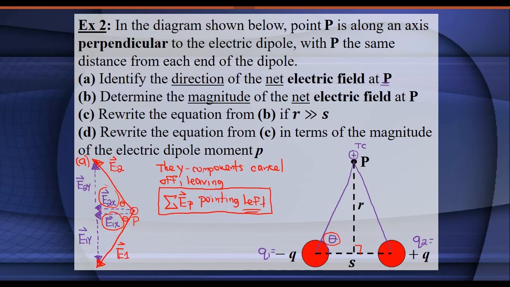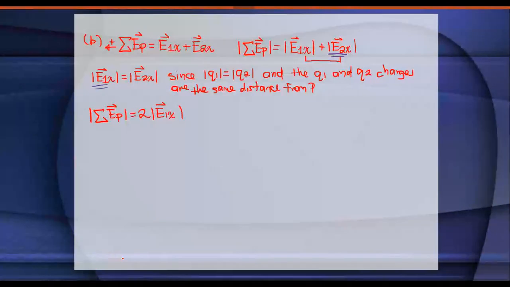Okay, so if I want to write down what the x component is in terms of the angle theta and E1, well, E1x is the side adjacent, E1 is the hypotenuse, so we're going to replace it with a cosine ratio.